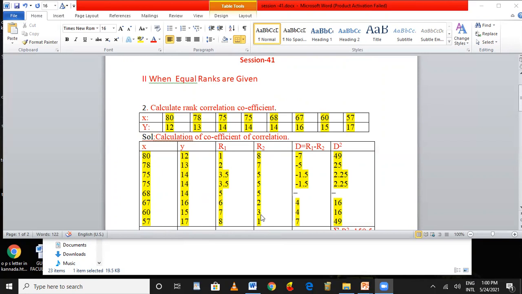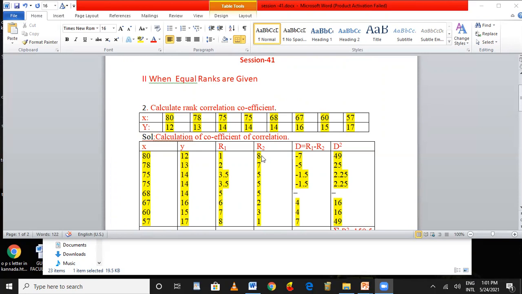Then fourth, fifth, sixth ranks are for the 14. If you divide this by 3, for the three 14s the equal rank is 4 plus 5 plus 6 divided by 3, which is 5. Then the next rank is 7 and the next rank is 8.